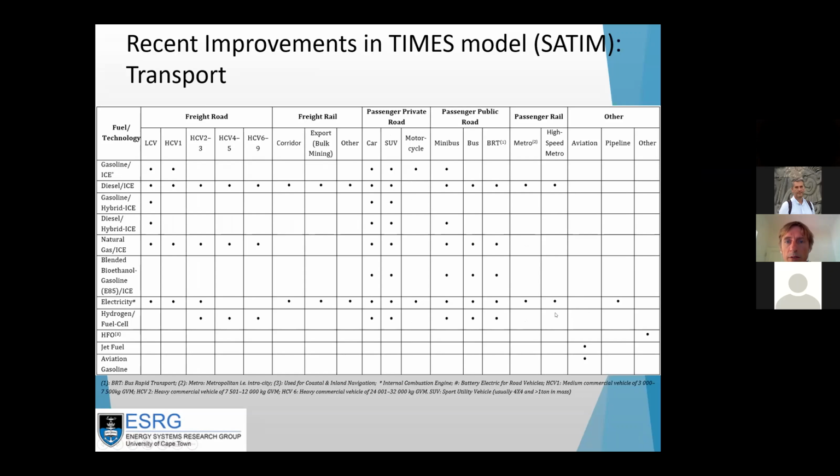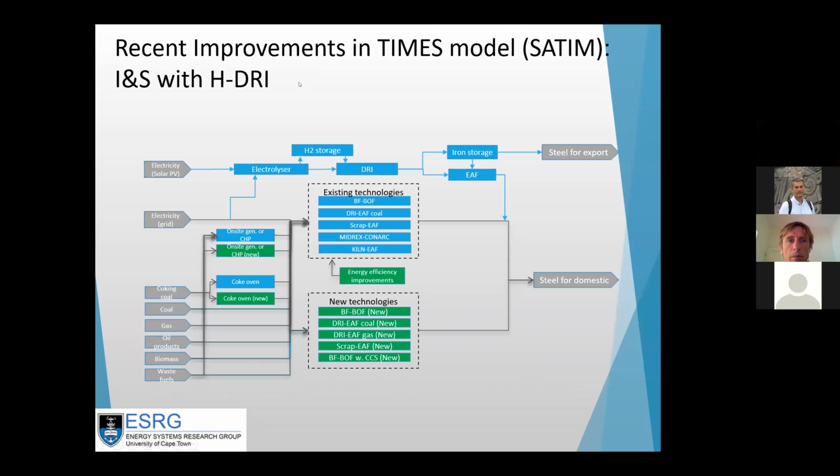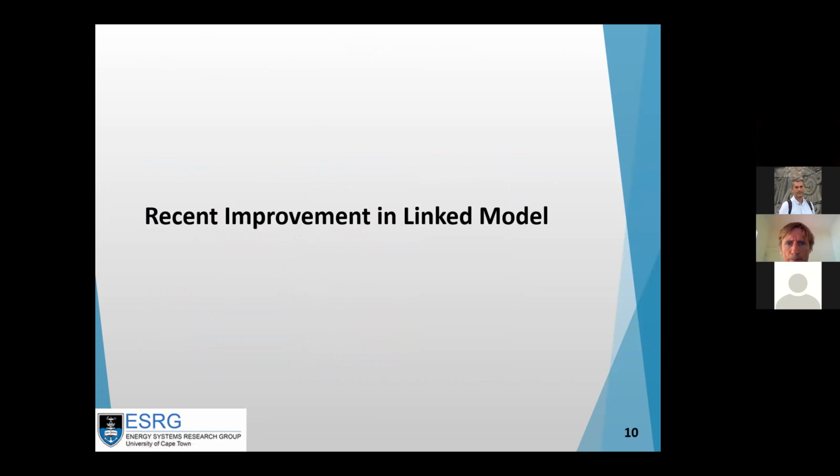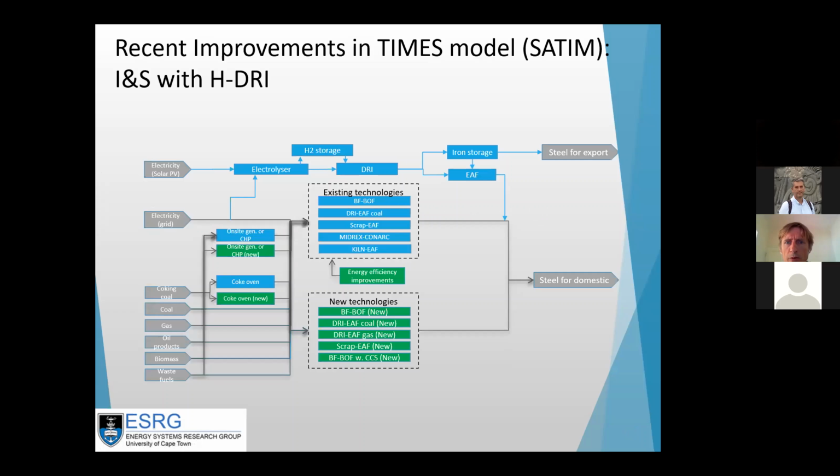Electric vehicles were there, but we've added them also in some other modes where we didn't have them before. Another recent improvement was the addition of the use of hydrogen in the production of steel. So these are some highlights of recent improvements in the TIMES model.